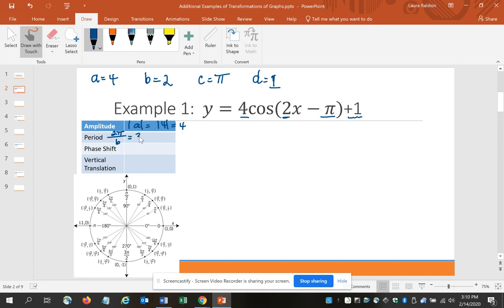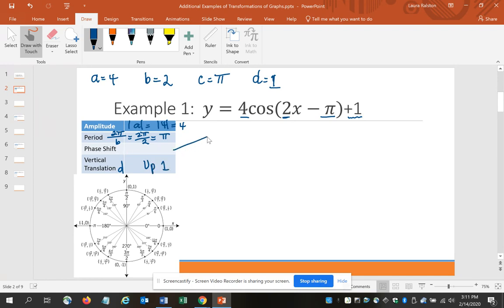So in this case, that would be 2 pi divided by 2, which is pi, which means it's only going to take us pi units to see the entire curve. I'm going to skip down to the vertical translation, which corresponds to D. It's a plus, so we're going to go up 1 unit.